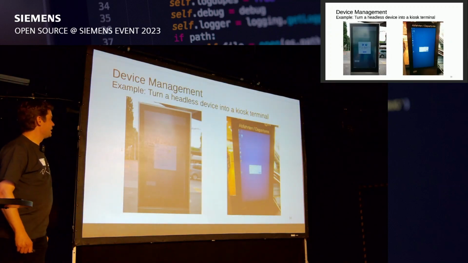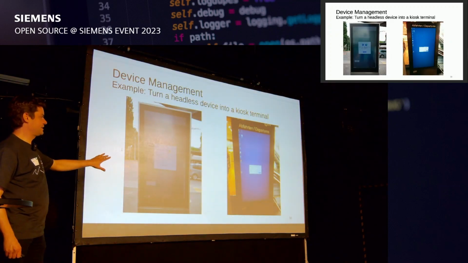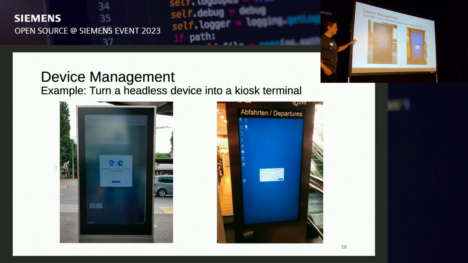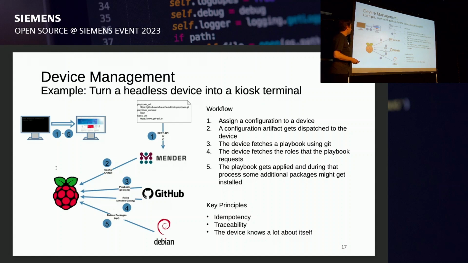A second use case, maybe you don't want to do it exactly like here, is to turn the stupid device, the stupid operating system we had, into a properly working kiosk terminal. Maybe you're not so happy if it asks you to do an upgrade to Microsoft Edge or some other message. So of course we are using also Linux here. And the process is more or less the same. So the only big difference is you add here another playbook.